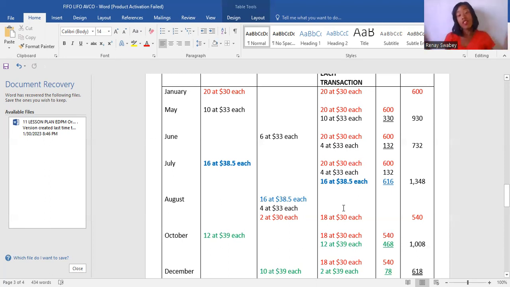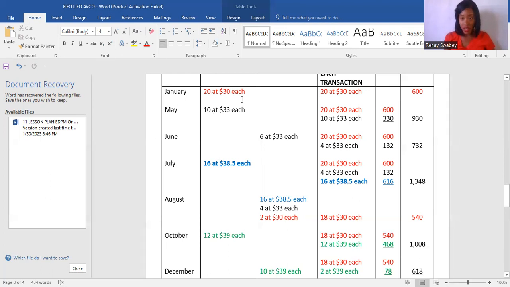But as it is, it's LIFO, right? Last in, first out. So we sold from the item we received in May before we sell from January. We only sold 6 of the items we purchased in May, and we have 4 left. But because LIFO is last in, the last items we received in July are what we're going to sell first before we sell the items in May.